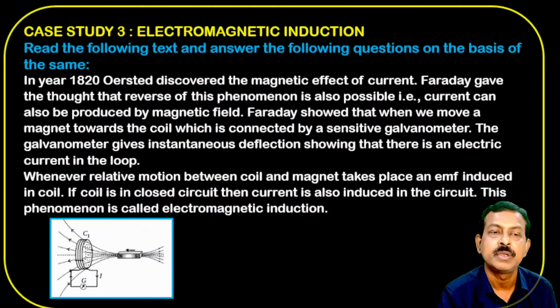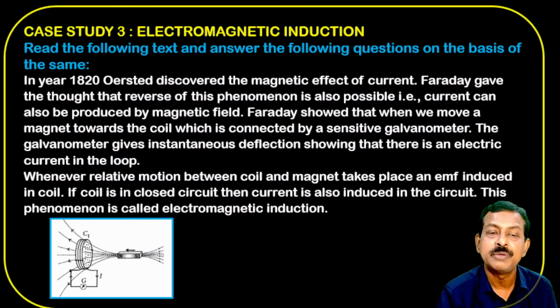Next, case study. In the year 1820, Oersted discovered the magnetic effect of current. Faraday gave the thought that the reverse of this phenomenon is also possible, that current can also be produced by a magnetic field. Faraday showed that when we move a magnet towards a coil connected to a sensitive galvanometer, the galvanometer gives an instantaneous deflection, showing there is an electric current in the loop.